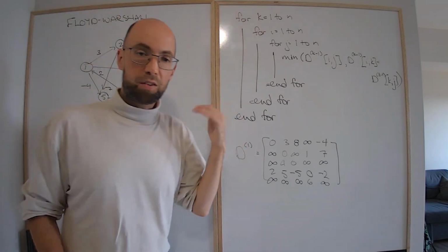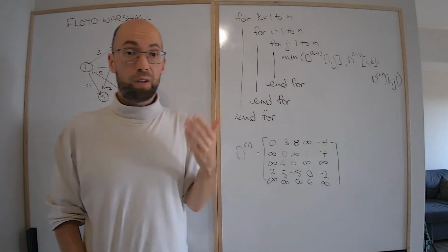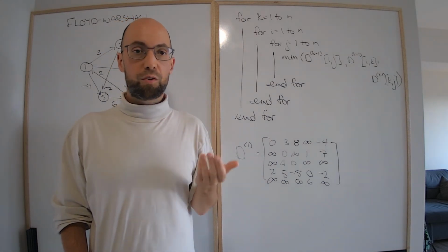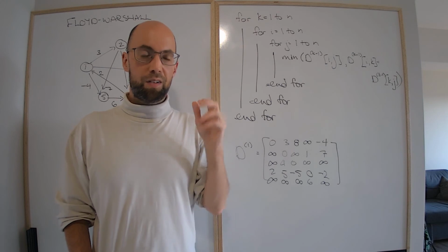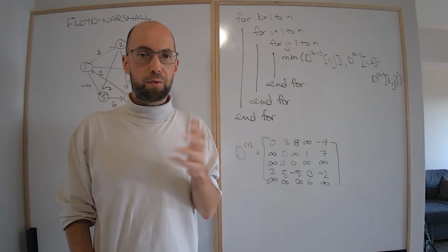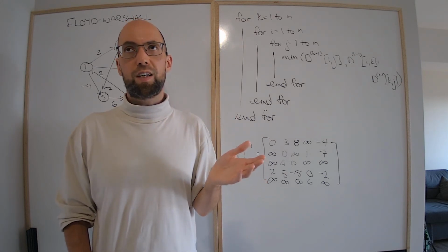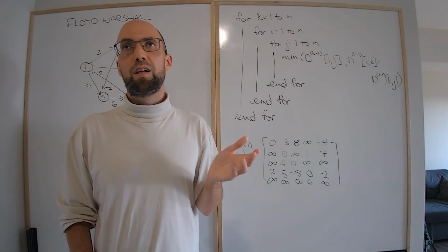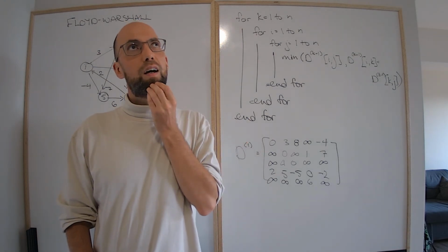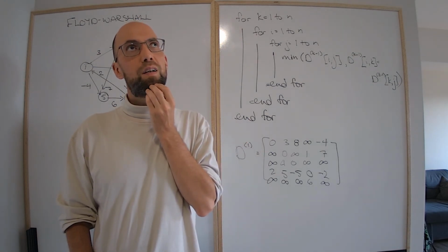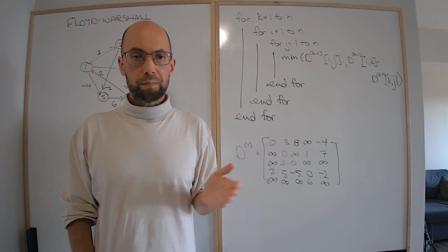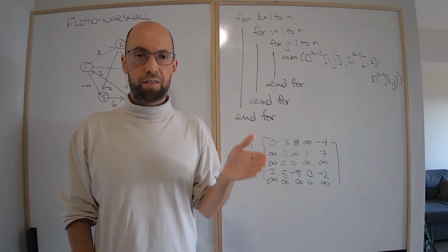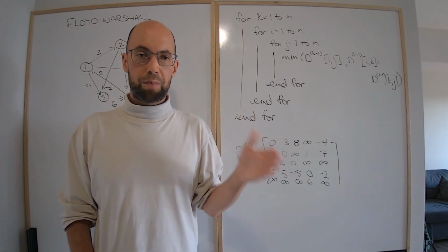So remember the matrix multiplication, we were doing repeated squaring, and this took a long time. It wasn't matrix multiplication, but it was like matrix multiplication, and we were taking the min plus. So instead of doing plus times, we were doing min plus.